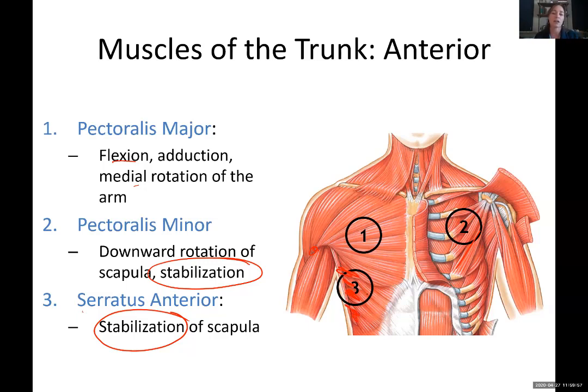They land on a number of ribs, but they attach to the inferior angle of the scapula. So when it contracts, it is holding the scapula in place, and it allows the other muscles of your arm to move the arm. So again, stabilization is its most important job.